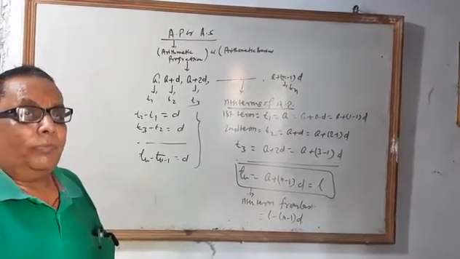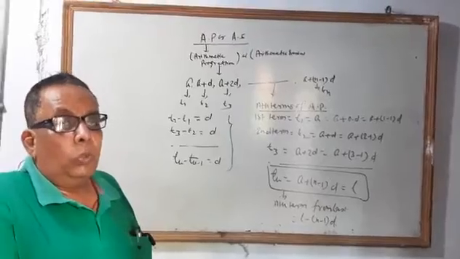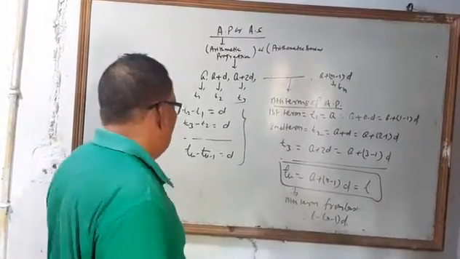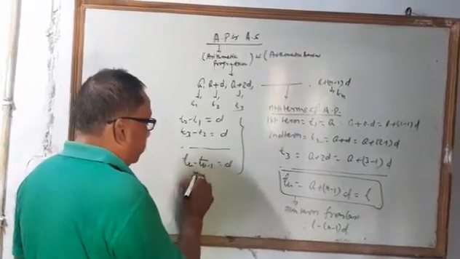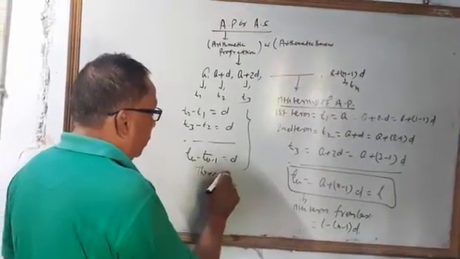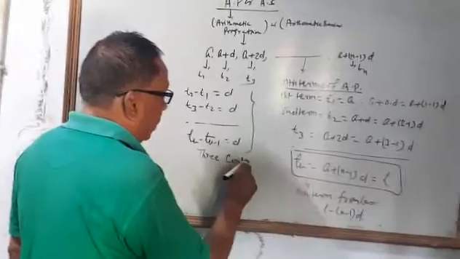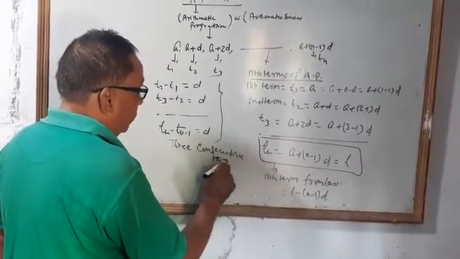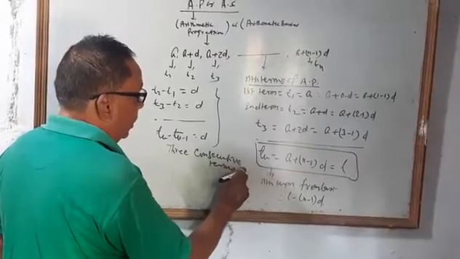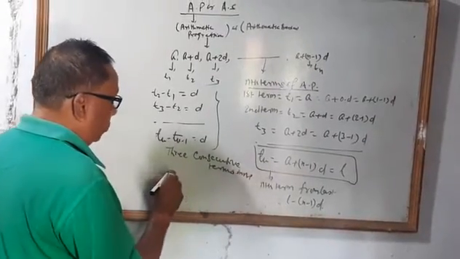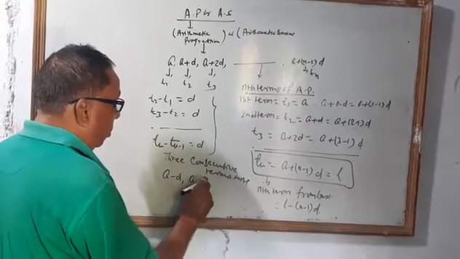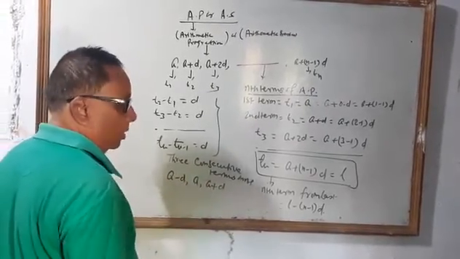Third, if you have three consecutive terms in AP, then you write a minus d, a, a plus d.